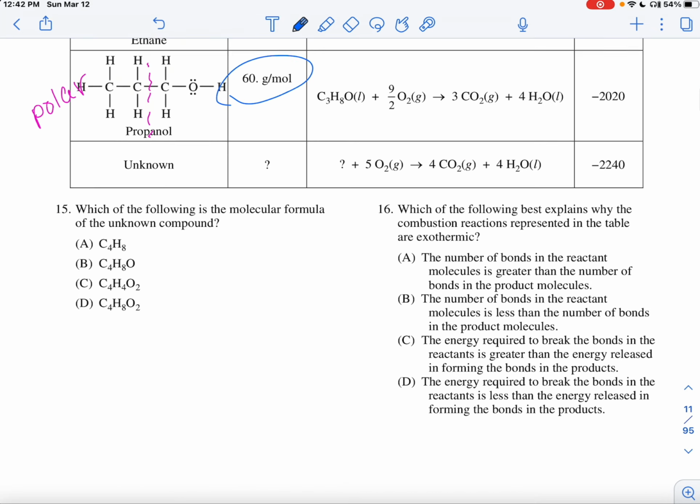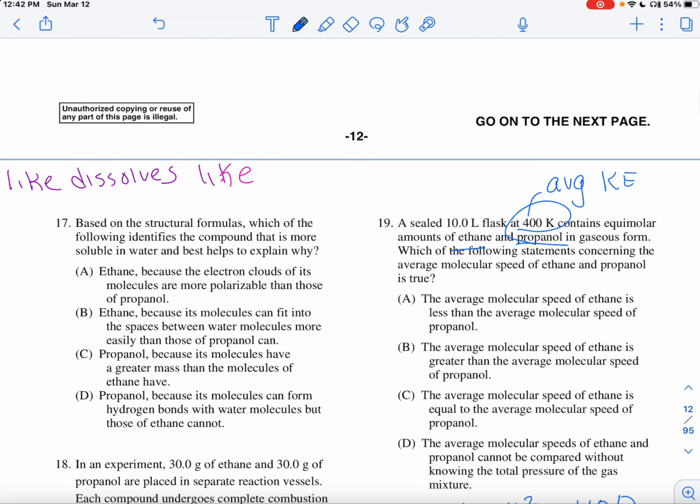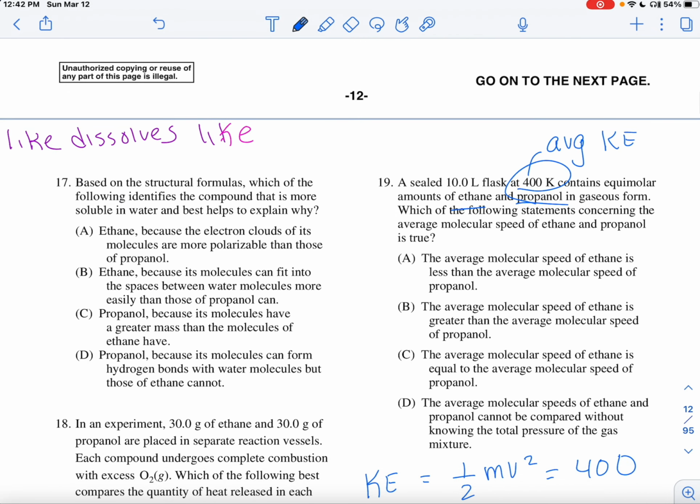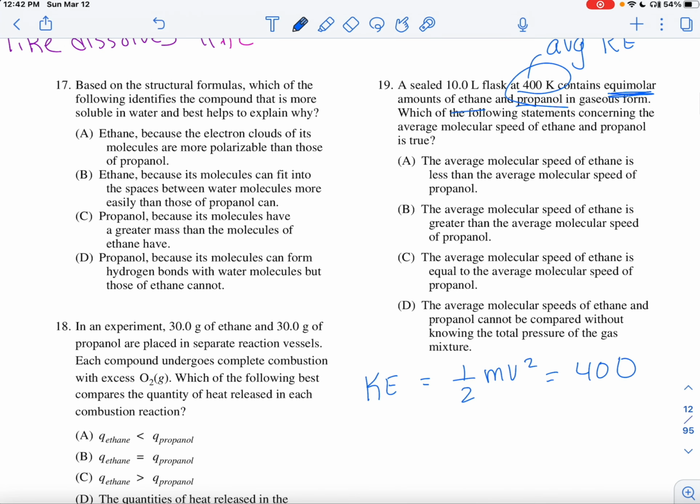Propanol has 60. We don't know how many moles we have, but we do know it is the same. It's equimolar, okay? So let's just say 1, because that makes it a little easy on us. So if it is 1 mole, then for ethane, M will be 30. For propanol, M will be 60.